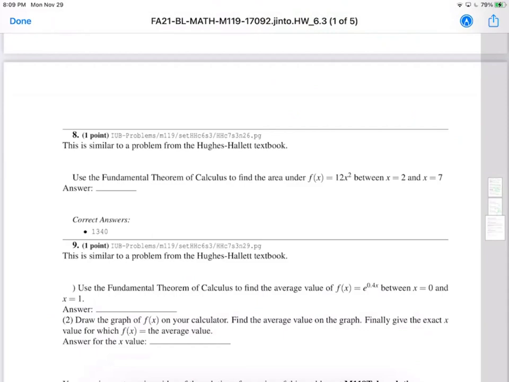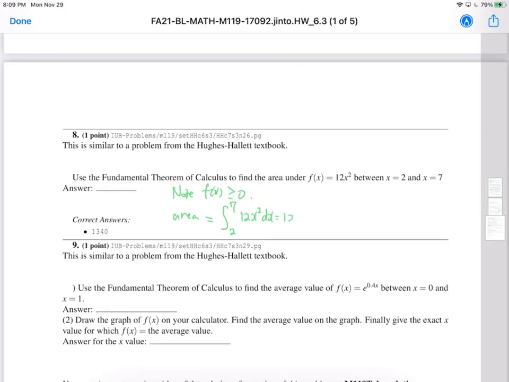So now also you want area. So note that f(x) is non-negative, so above the x-axis. So the area is just equal to the integral from 2 to 7 of 12x squared dx.